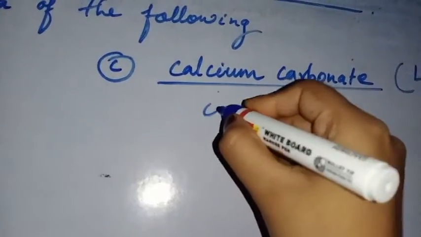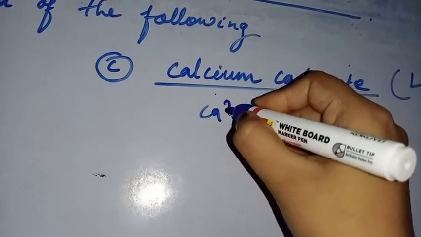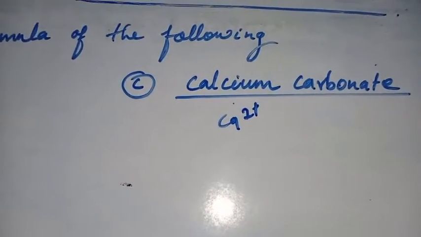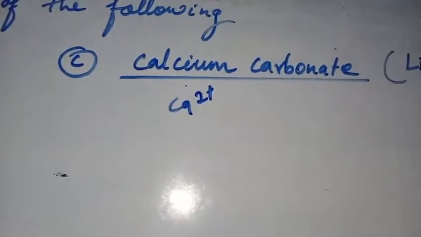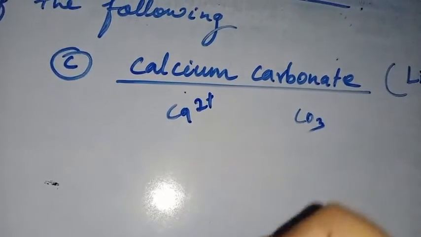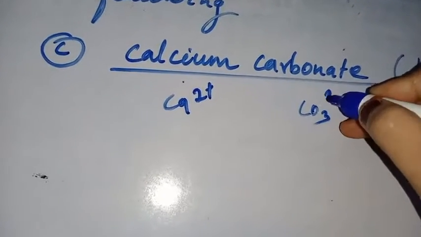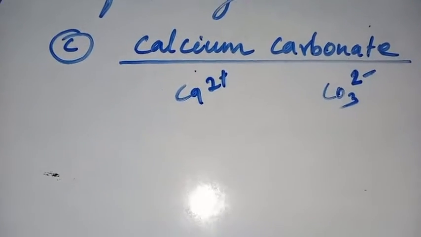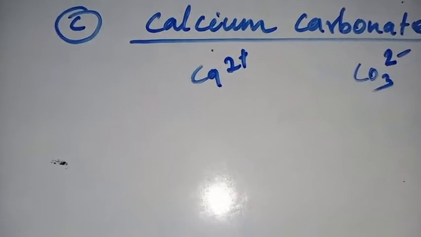Calcium has 2 plus charge on it, and carbonate is written as CO3 2 minus. It also has 2 minus charge on it.